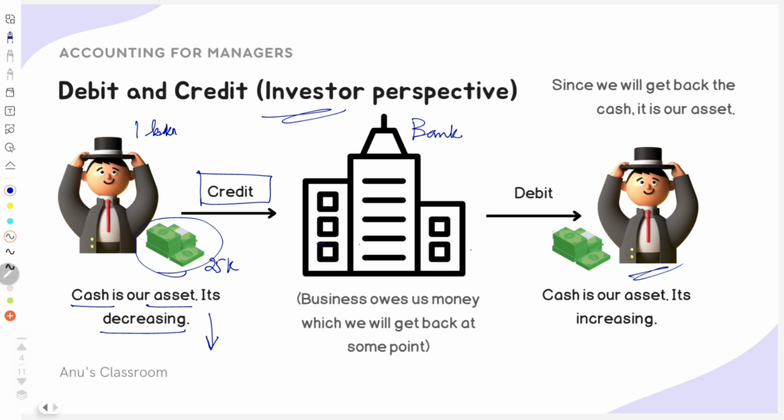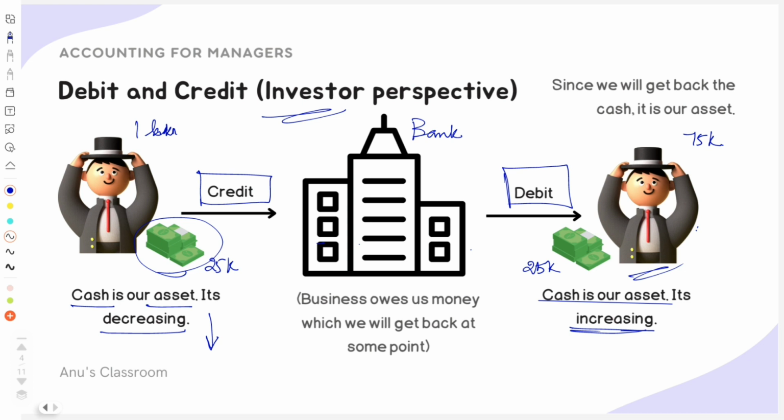Now, when we take out money from this business or from this bank, previously I had 75k because I already put in 25k. Now I'm getting back this 25k. What is this transaction? I'll get a message that my account has been debited with 25,000, right? Cash is our asset, but it is increasing for us. This is a debit transaction. So this is how we should think about it from the investor's perspective.